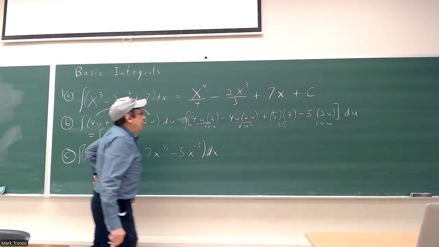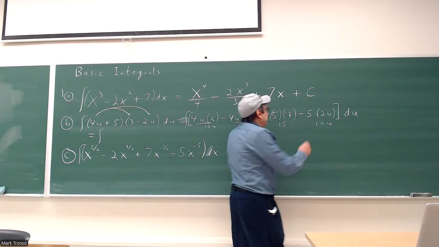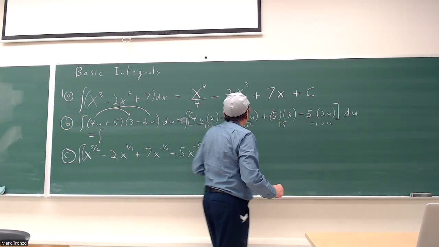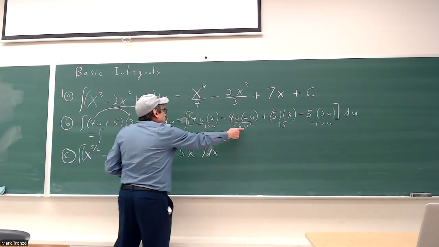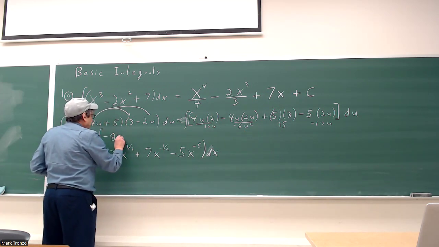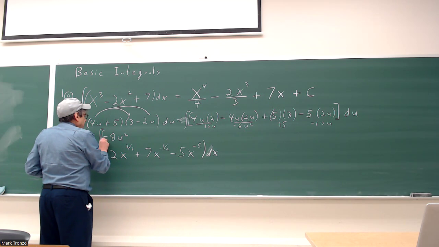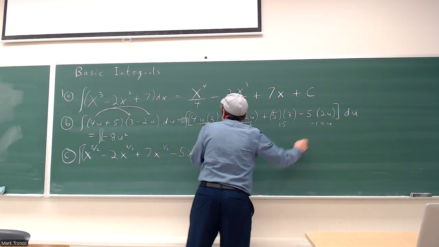So we can combine the positive 12u and the negative 10u. We put those together. And then we can put the minus 8u squared at the front. And then put these two together.